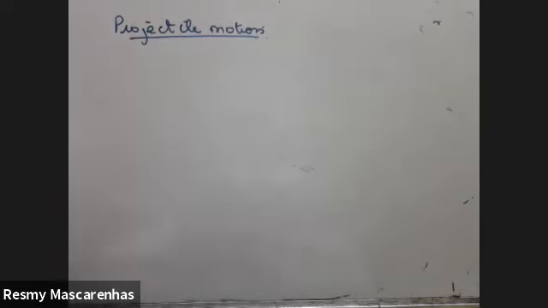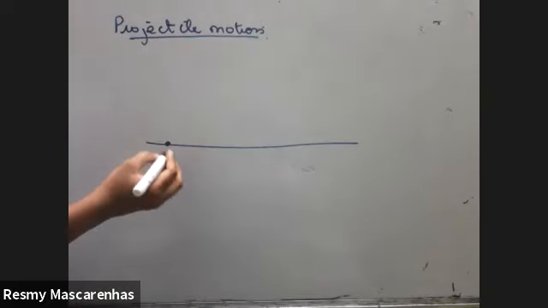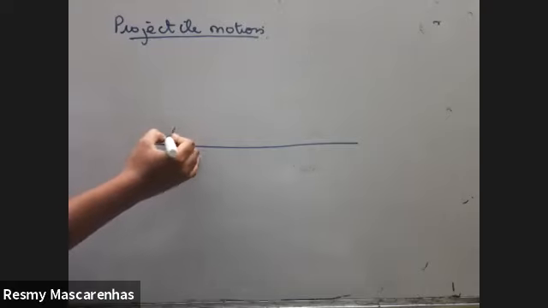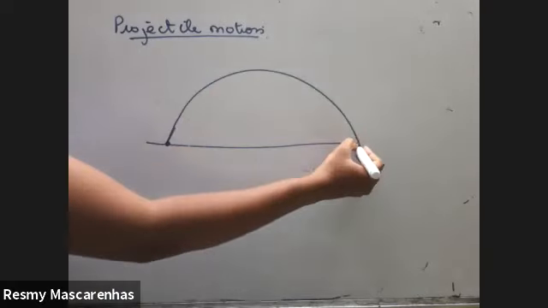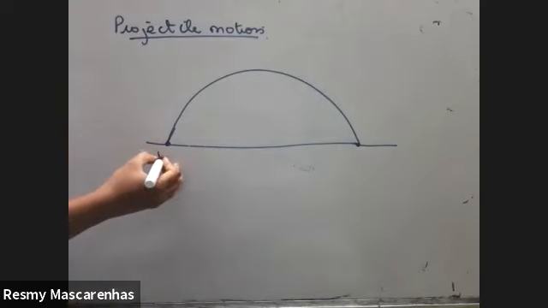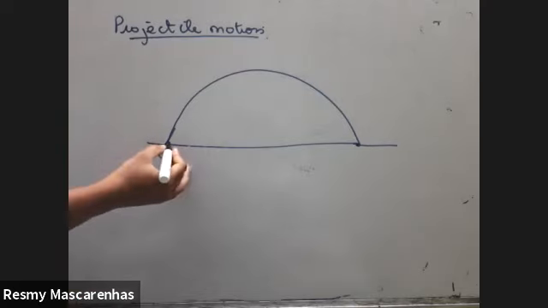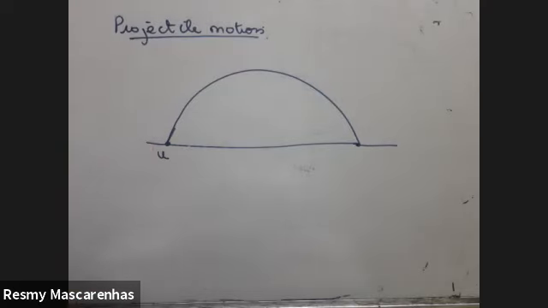So, what we had seen under projectile motion is that any point you start or you throw a ball or anything, it will cover some distance, then it will fall. So you always start with your initial velocity u. Every velocity vector will always have some components.